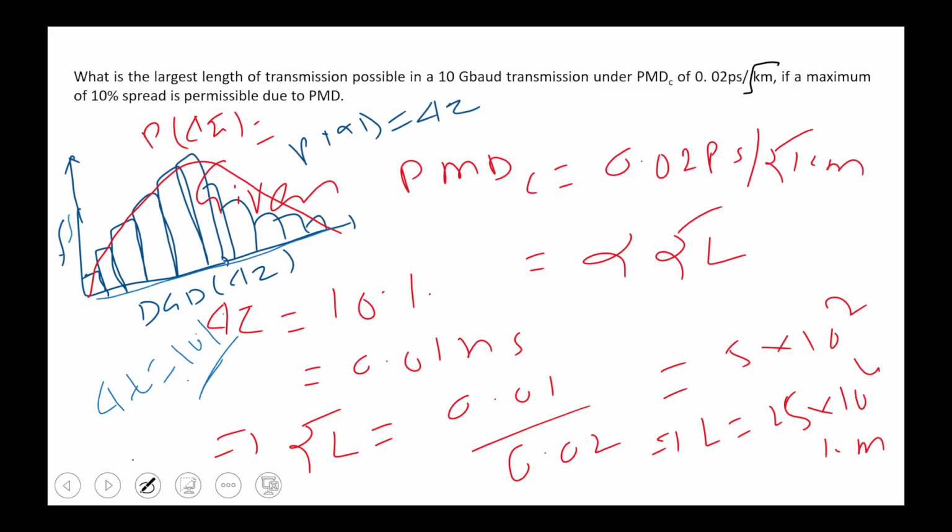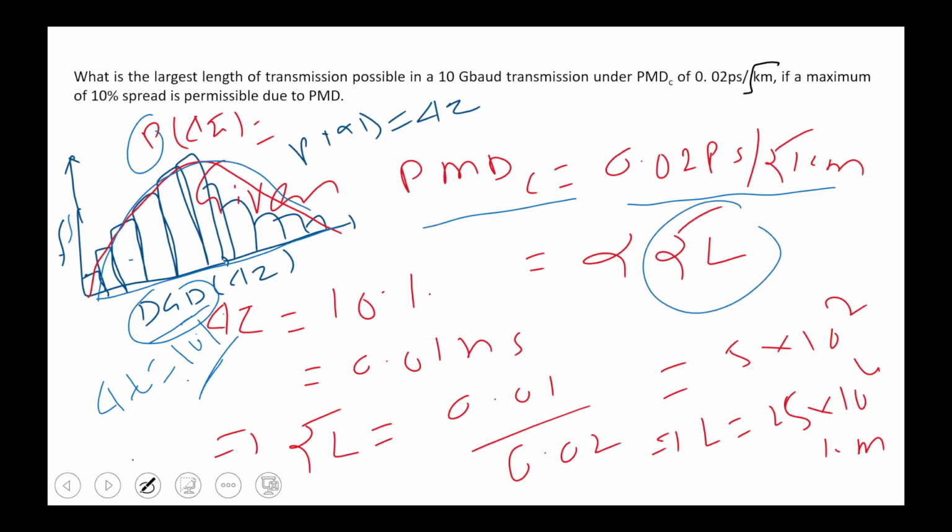This is the frequency, and this is the dispersion group delay, and this is the propagation constant that we have taken in Gaussian form. This is the signal, so we have taken a Gaussian curve of the signal. Through this you have to find the PMD, and PMD is directly proportional to the square root of the length of the fiber.